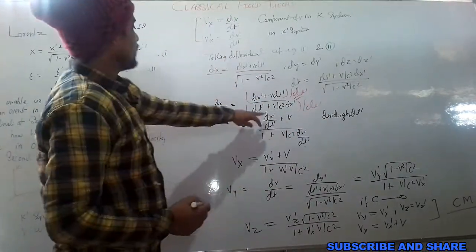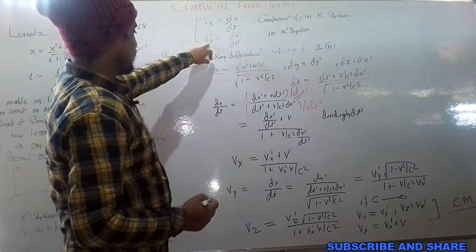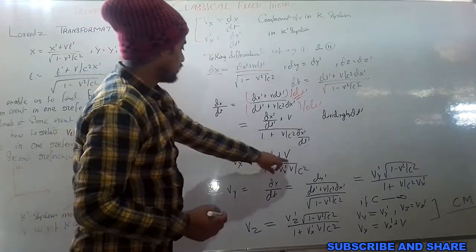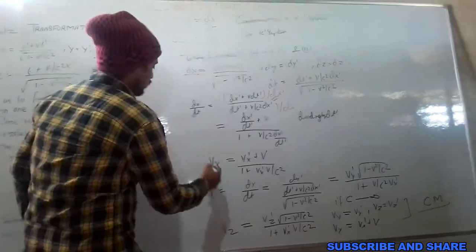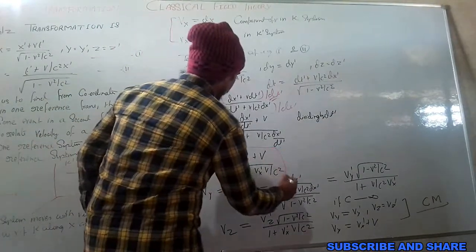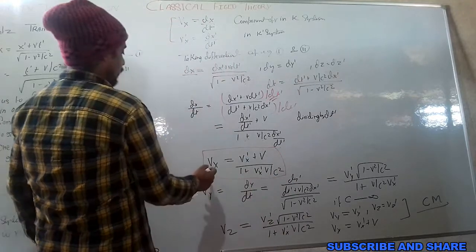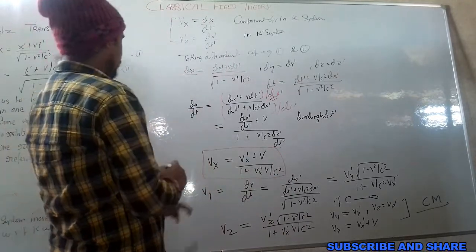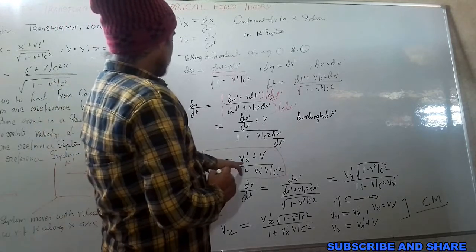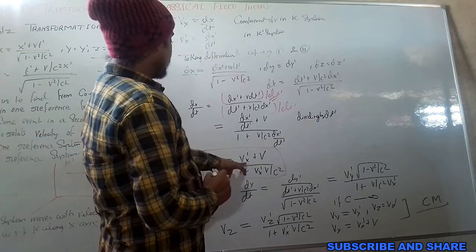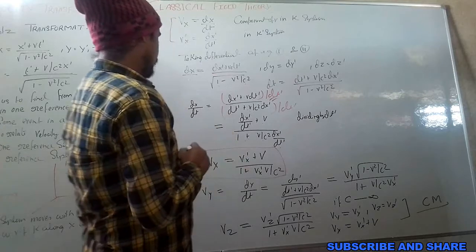Now dx dash by dt dash is simply Vx dash. So Vx equals Vx dash plus v divided by 1 plus Vx dash v by c square. This is the component of velocity of the material particle in the K reference system, connecting the velocity of that same material particle in the K dash system.